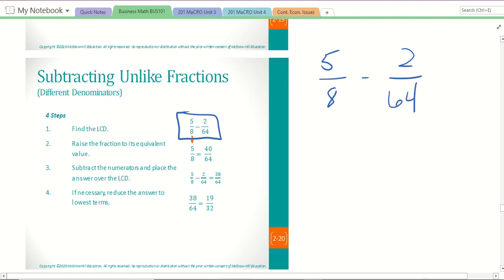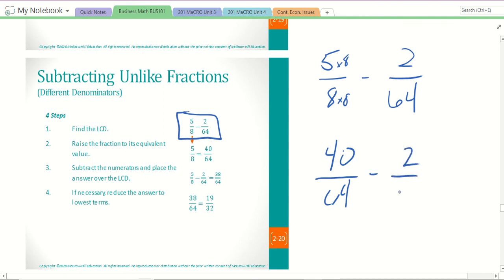Well, this is nice because I know we don't have to raise this up anymore. I know 8 goes into 64. So how do I get 5 to 64? Well, I'm going to multiply this by 8 which gives us 64, and this by 8 gives us 40. So this one also equals 40 over 64.